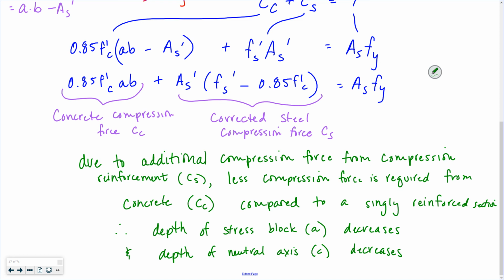I need less force, less compressive strength for my concrete because I added this steel in there. So that means I need less area of my concrete in compression. So I've decreased the depth of my stress block, A, and the depth of my neutral axis, C, because they're related.